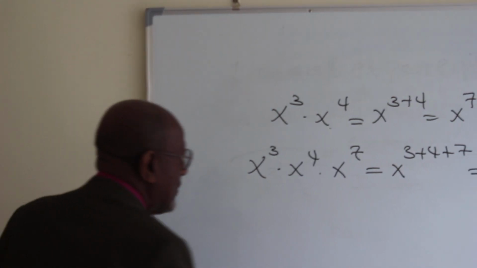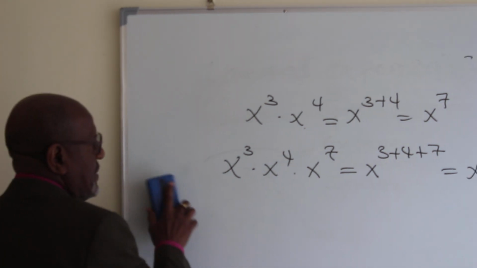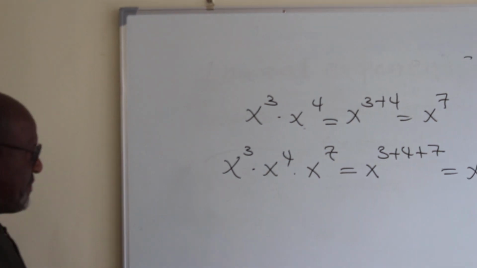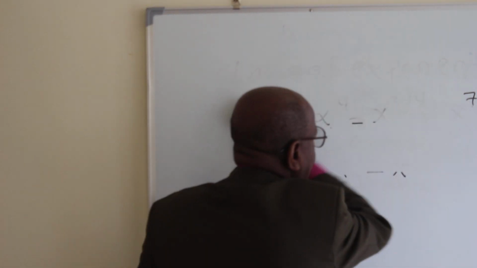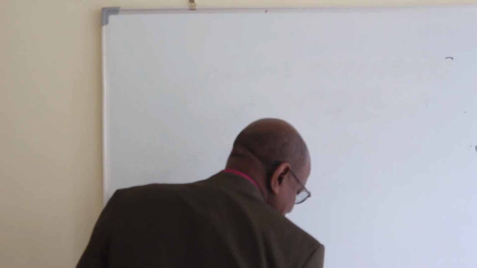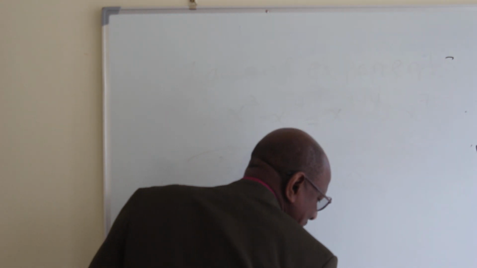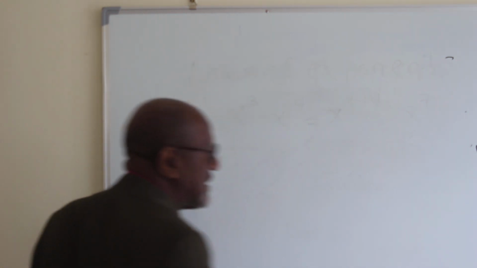Let's look at the second rule. The second rule deals with division. It says, terms of the same base, when divided, we subtract the exponents.